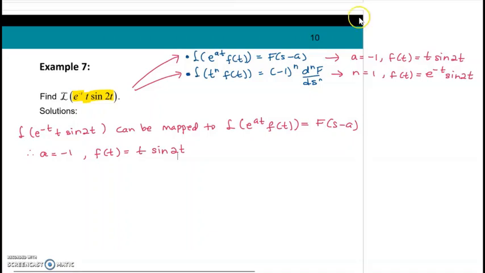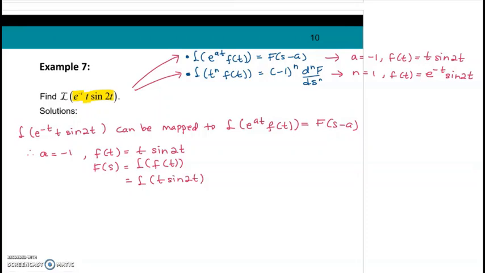In order to know F(s minus a) here, first I need to know what is my F(s). Therefore F(s) is the Laplace of f(t), which is the Laplace of t sine 2t.